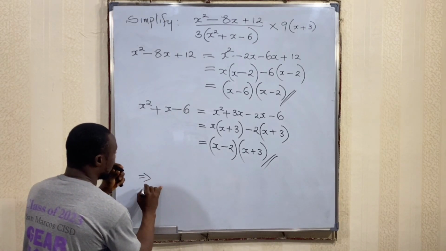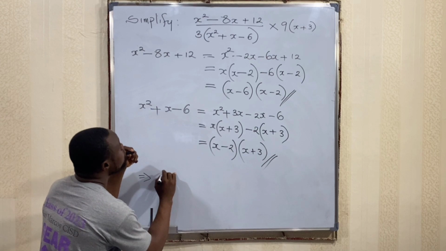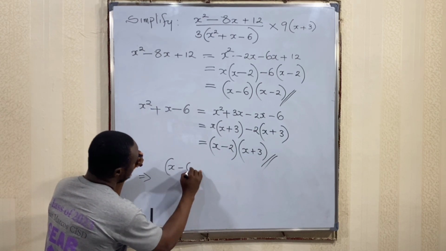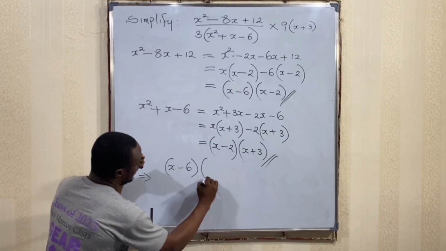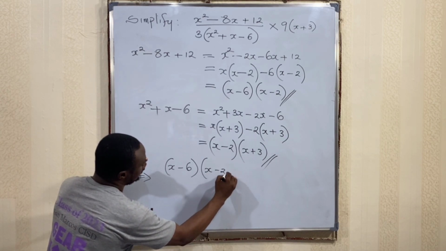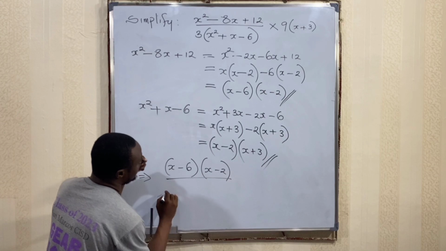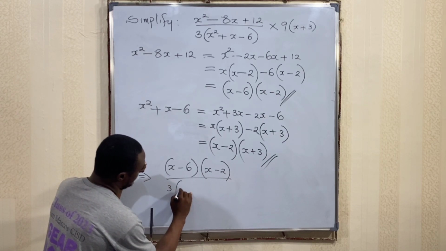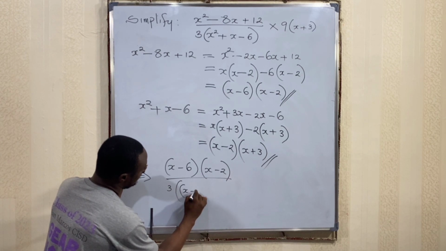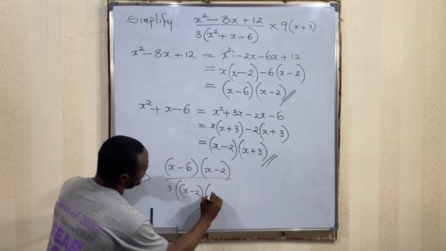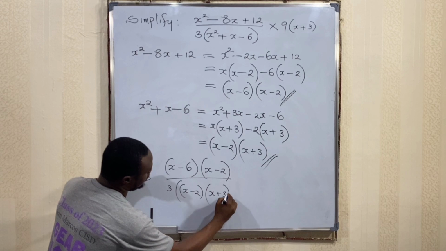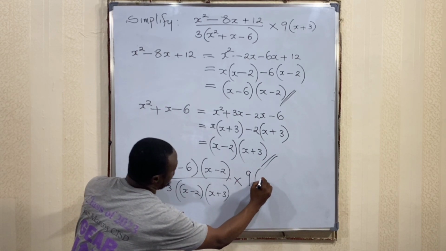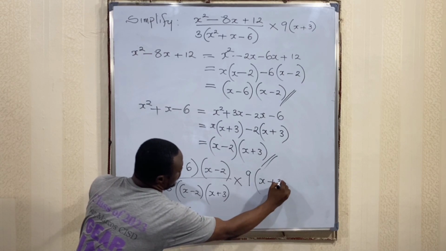So this basically implies we have the numerator is (x minus 6) and (x minus 2), all divided by 3, open bracket again, (x minus 2) and (x plus 3), times 9, open bracket, x plus 3.